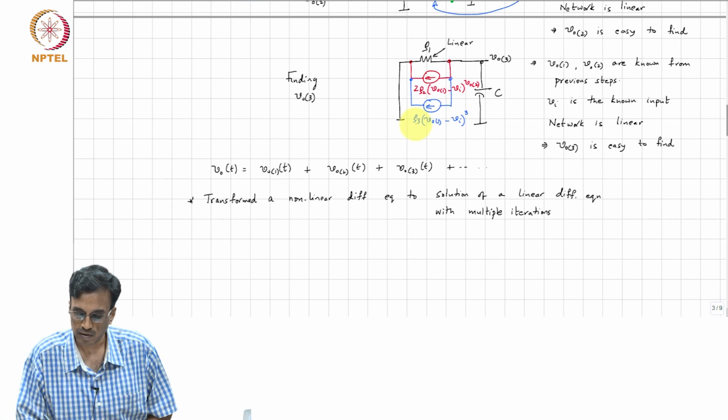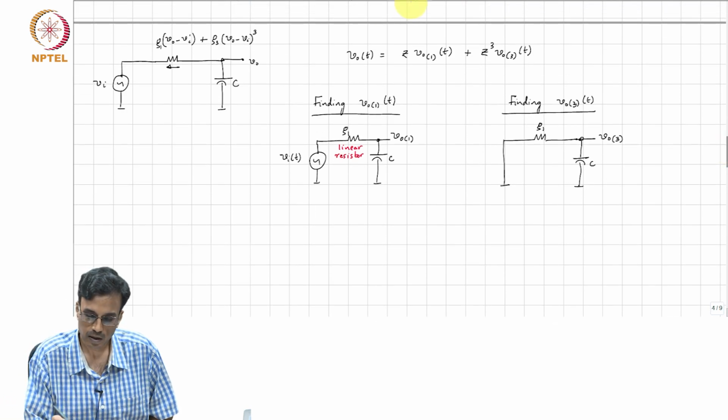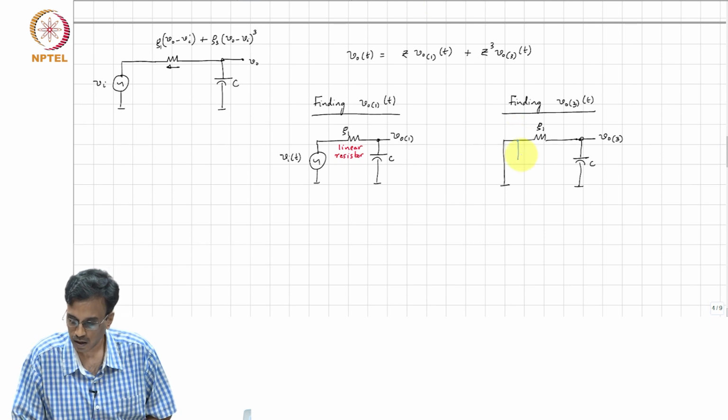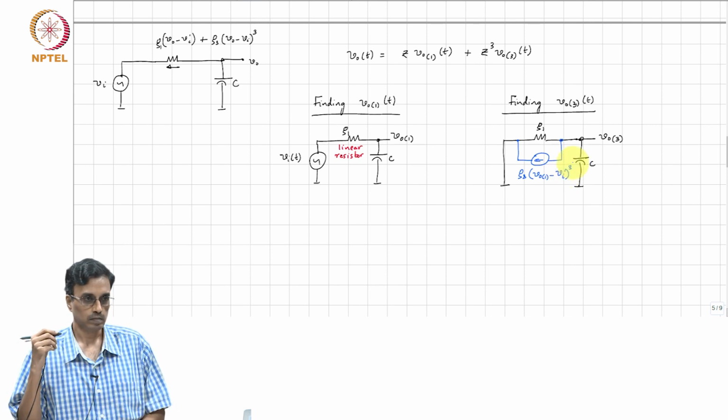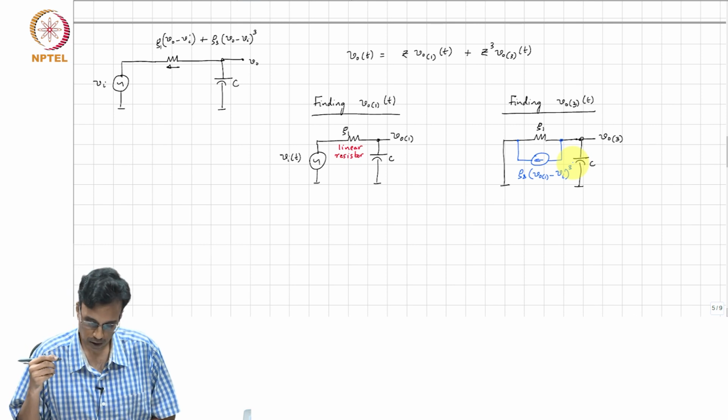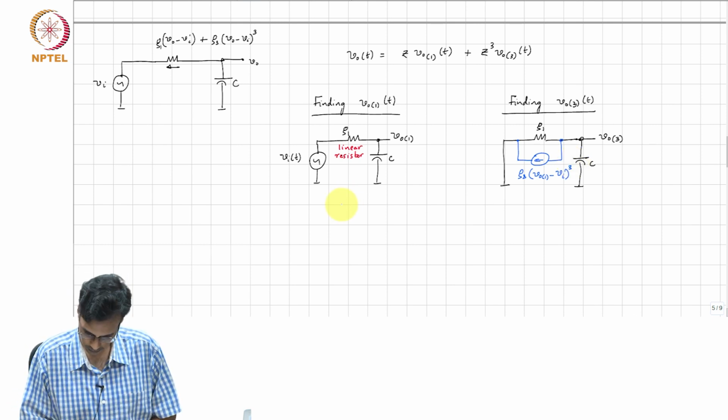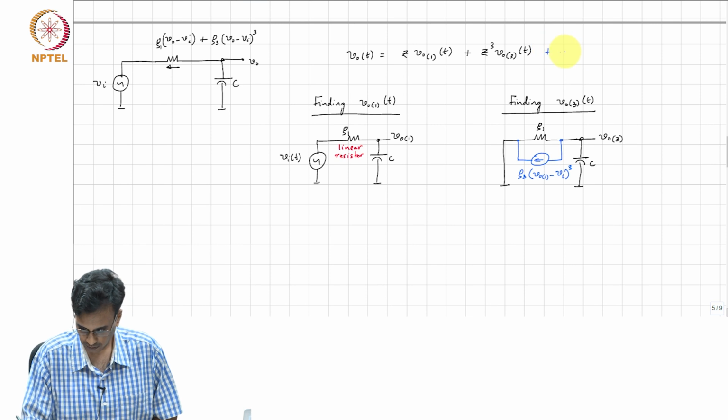We only need to add the third order term, that is basically G3 times V01 minus Vi the whole cube.